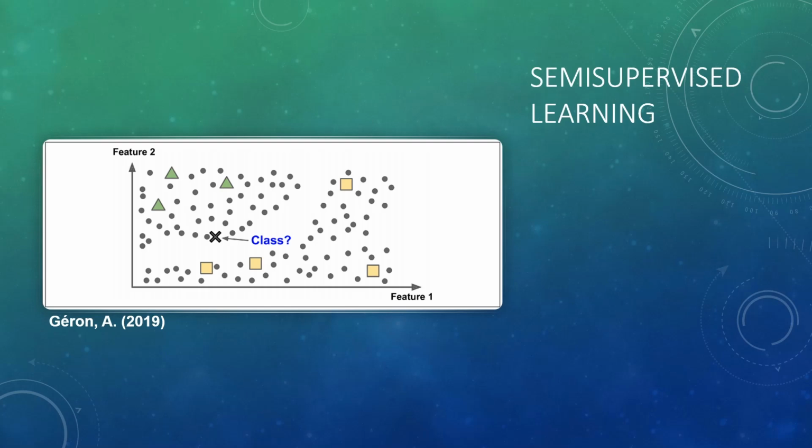Semi-supervised indicates the data are mixed, or generally you can say you have the majority unlabeled data and a few labeled data. Some algorithms can work with this kind of partially labeled data, and this is called semi-supervised.